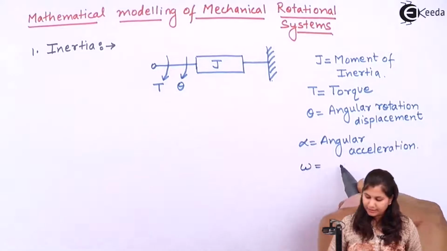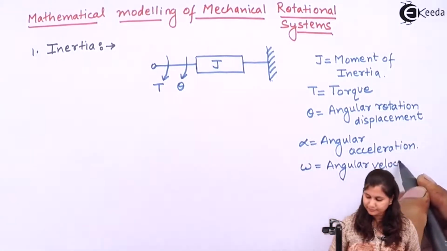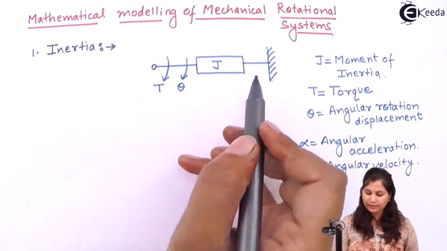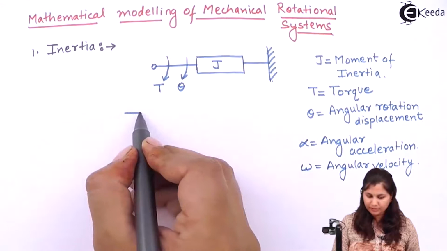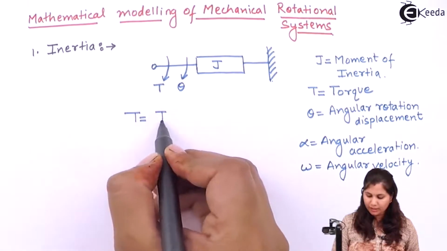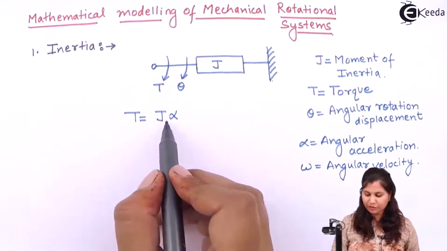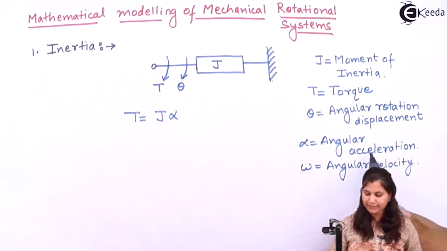Omega is the angular velocity. So this torque which is applied on this object will be equal to J alpha. J is the moment of inertia and alpha is the angular acceleration.